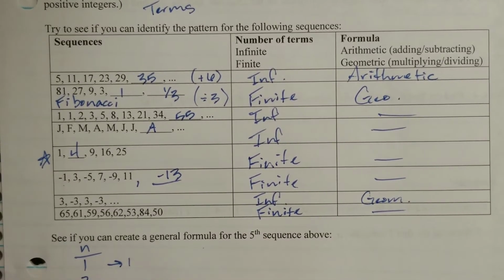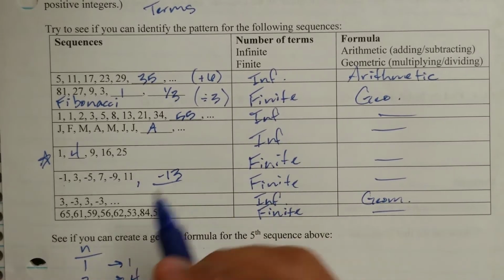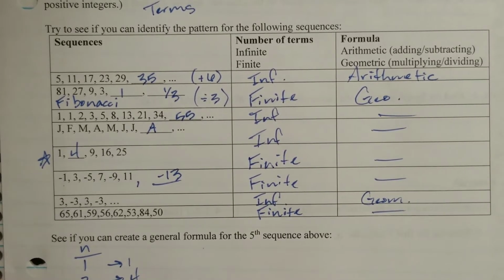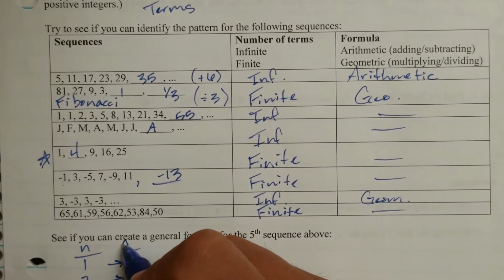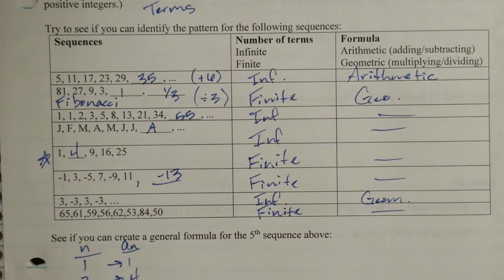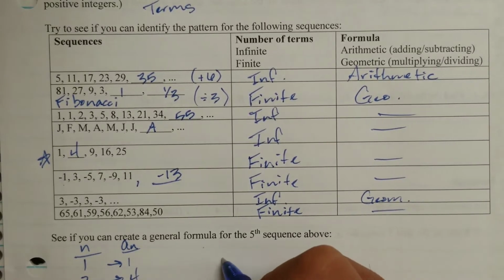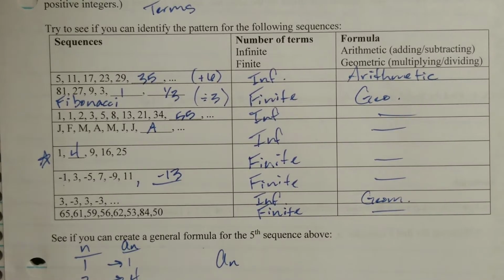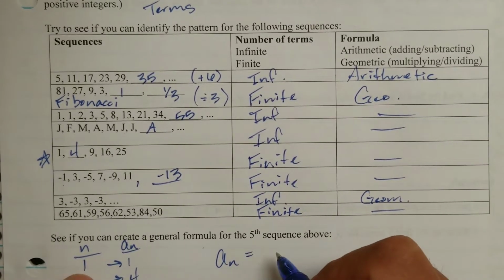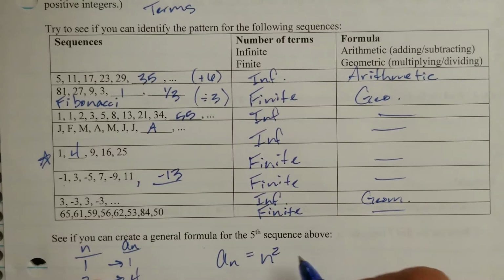When I plug in a 2, I get 4. When I plug in a 3, I get 9, and so on. So this would be the nth term, is how we say that. A sub n would be the nth term. So if we're going to write that as a formula, you would say the nth term is equal to n squared.